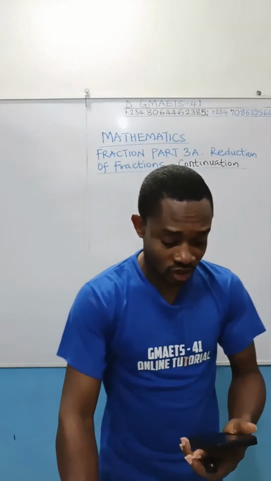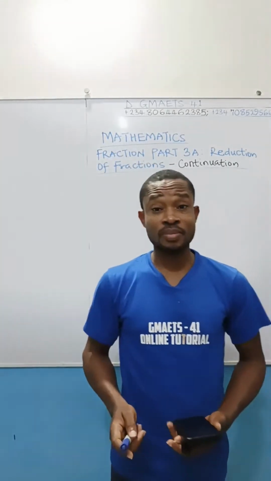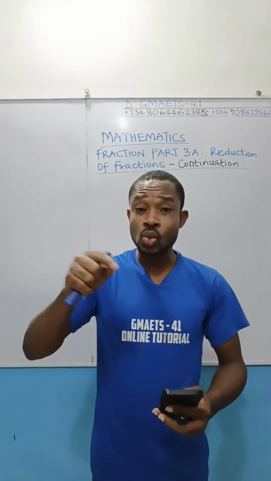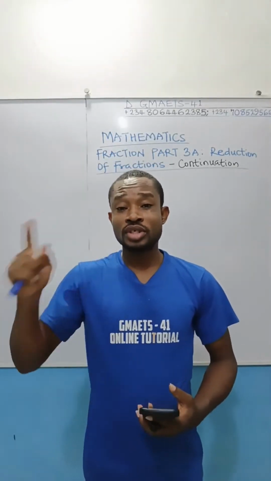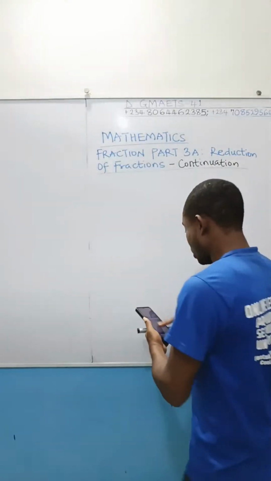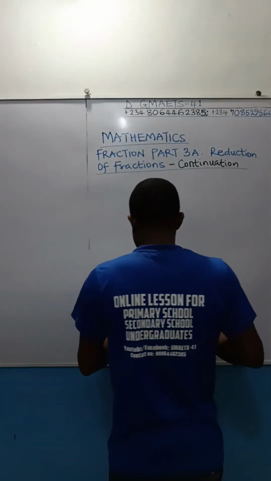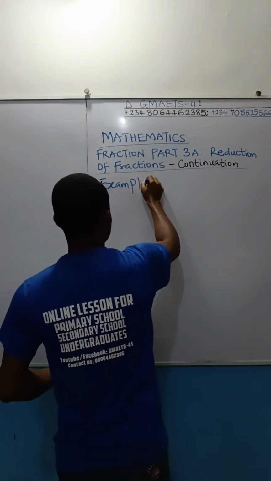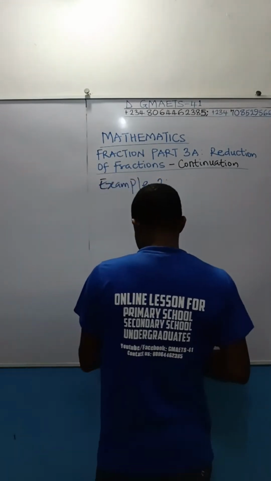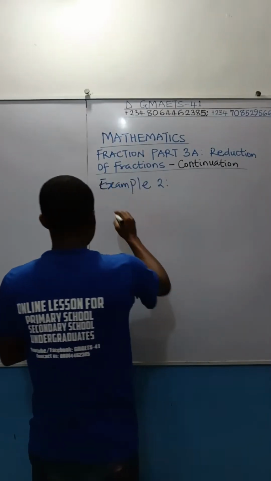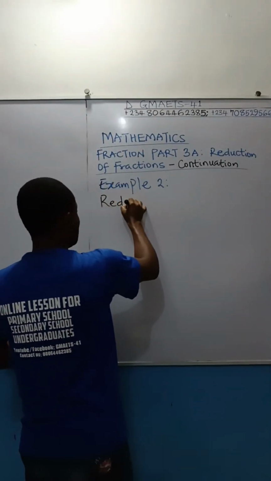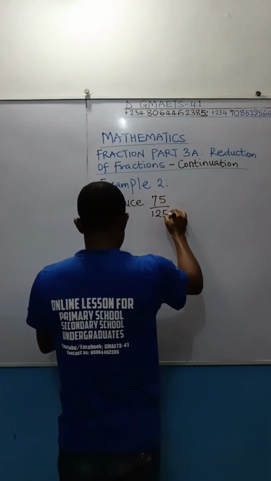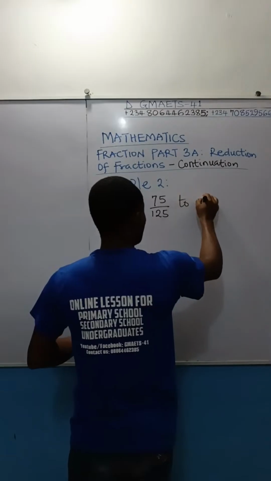But let us see this first question. Our first example today, but I'm going to write it as example 2, because example 1 had already been treated in that previous class. Example 2: Reduce 75 over 125 to its lowest term.